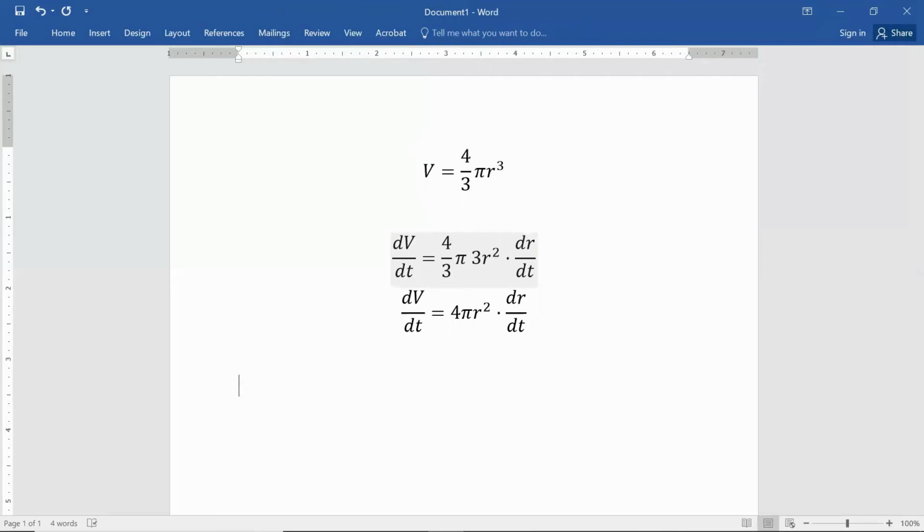This problem says that you're blowing air into the balloon, and the air that's going in is 5 cubic centimeters per second. That's the change in volume there. So 5 is always going to be the change in volume.